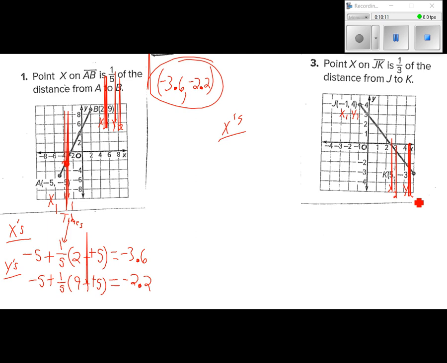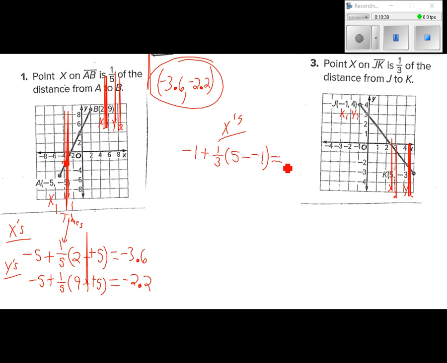For our x's, what's our x1? -1 plus, what's our fraction this time? 1/3. Our x2, x1, -1. Type all that into your calculator.